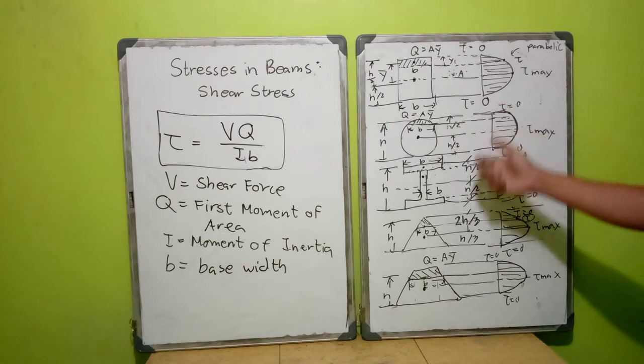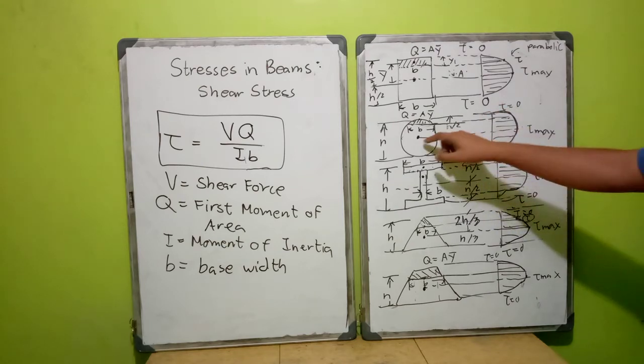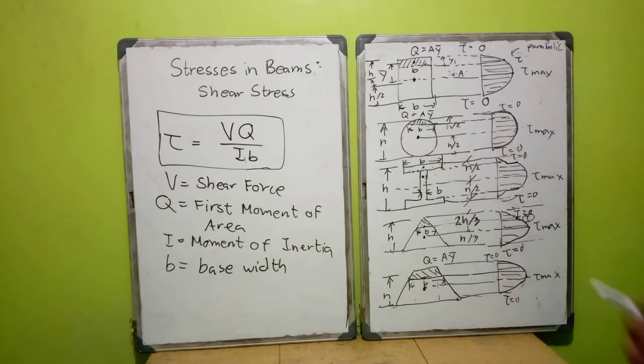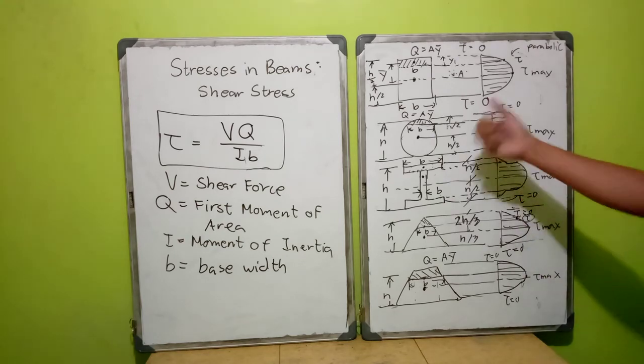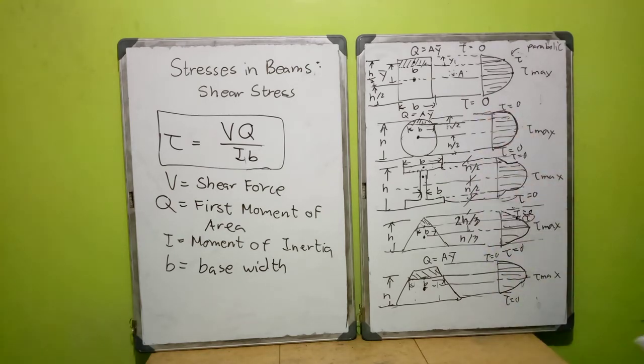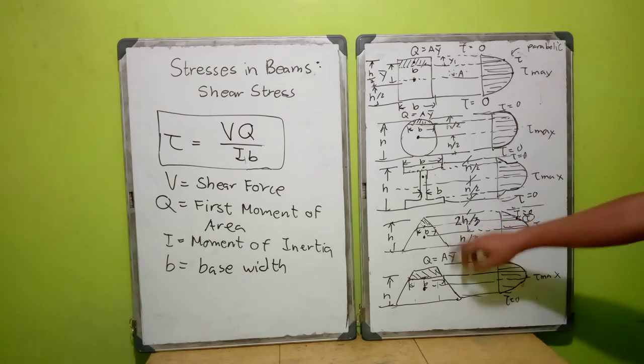So what will be its approximate shape when it has a different shape? It might be circular, an I-beam form, triangular or trapezoidal.